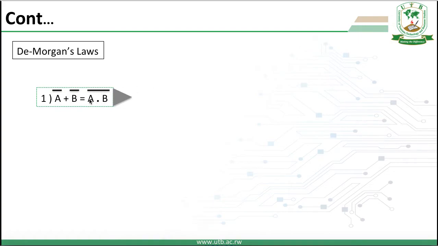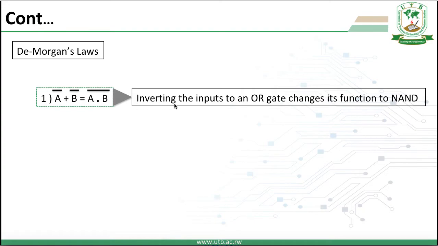The over bar is not separate; keep in mind it is over the whole expression. This is called inverting the inputs. Inverting the inputs means negating the inputs to an OR gate, because plus is an OR gate, changes its function to the NAND gate, because you know a times b is an AND gate, and because of the over bar it becomes a NAND gate. So that's why it goes like this.